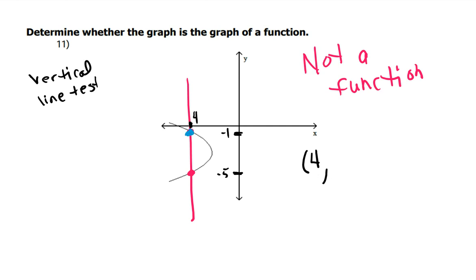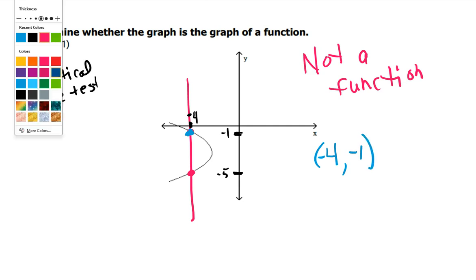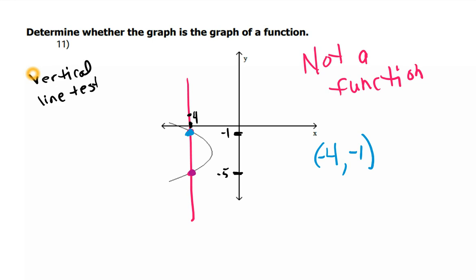The blue point is at -4, comma, -1. And then the other one, how about purple? That point is at -4, -5.